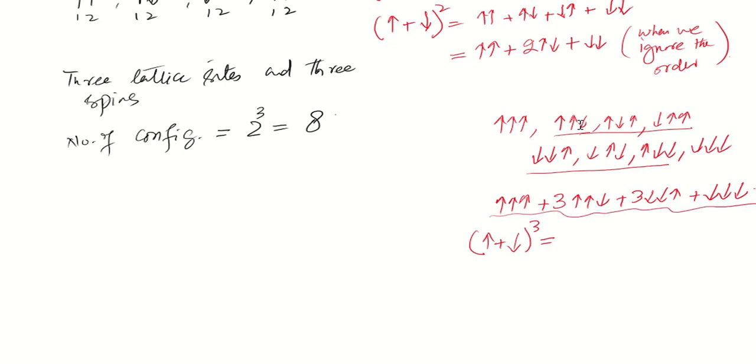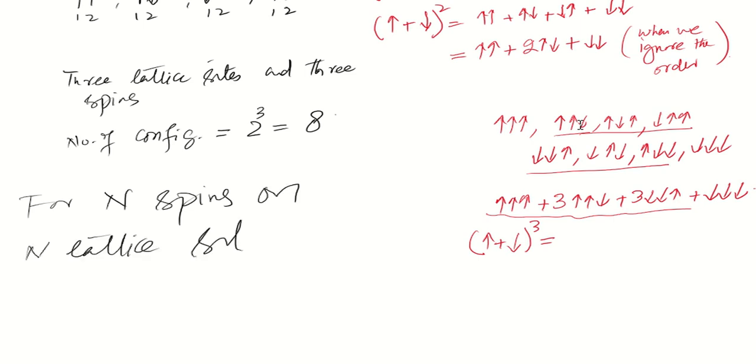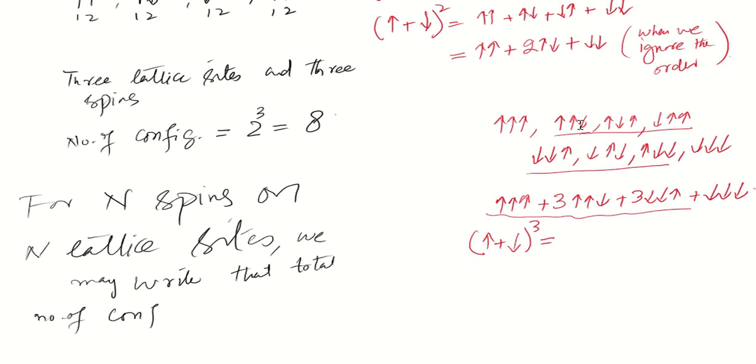So if we keep on doing this, we will end up, for n spins on n lattice sites, we may write that the total number of configurations is this thing raised to the power n.